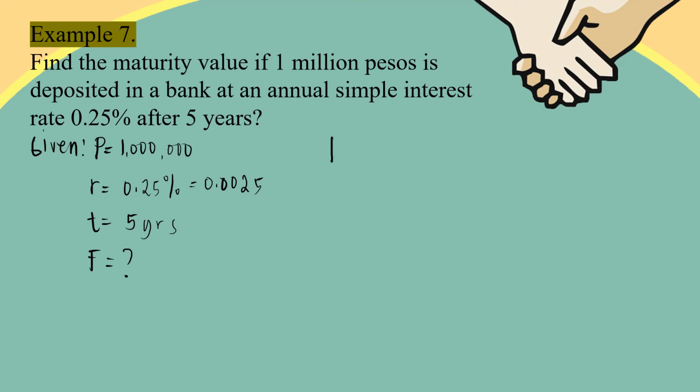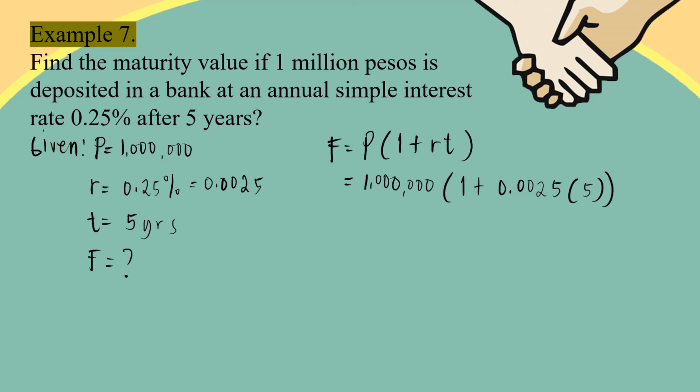Okay, for formula for the maturity value, principal times 1 plus rate times time. Okay, so substitute lang natin lahat ng given. So, kay principal, ang ilalagay natin dyan ay 1 million times 1 plus, yung rate natin ay 0.0025, then yung time is 5 years, times 5.